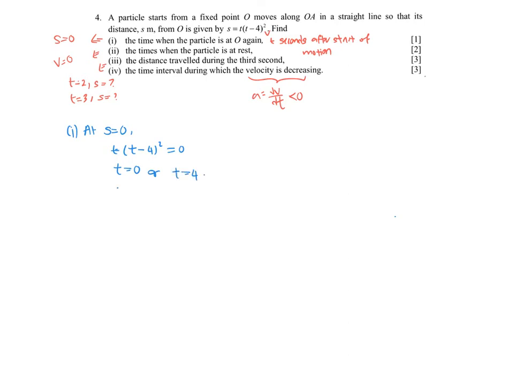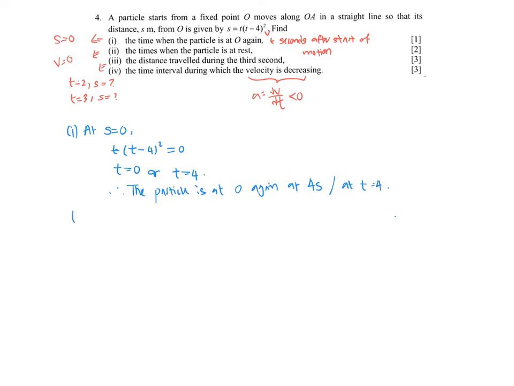Therefore, the time when the particle is at O again is at 4 seconds. You can just write at 4 seconds. Alternatively, you can also write it as at t equals 4.